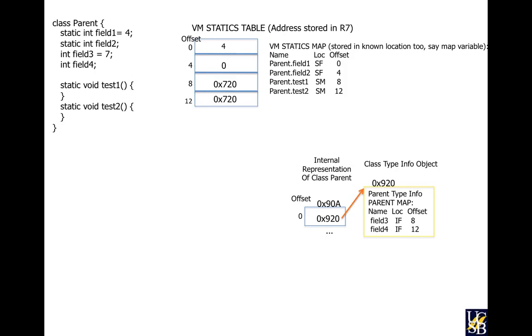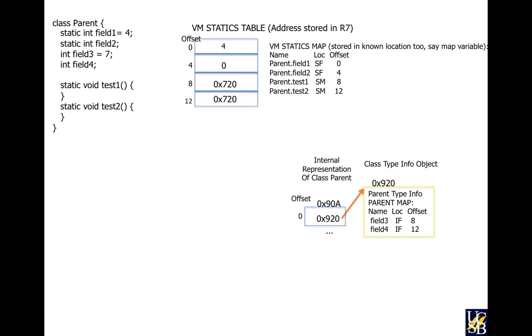This is a map of the names, the types, and the offsets of the objects being stored in the statics table. So as Parent is loaded, parent field 1 is in the map under name. Its location says SF, which stands for static field, and its offset is 0.